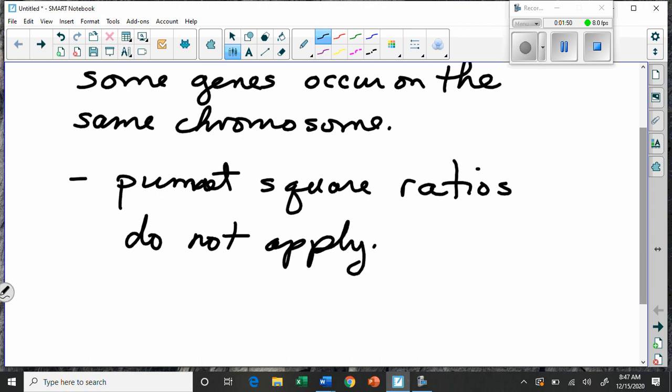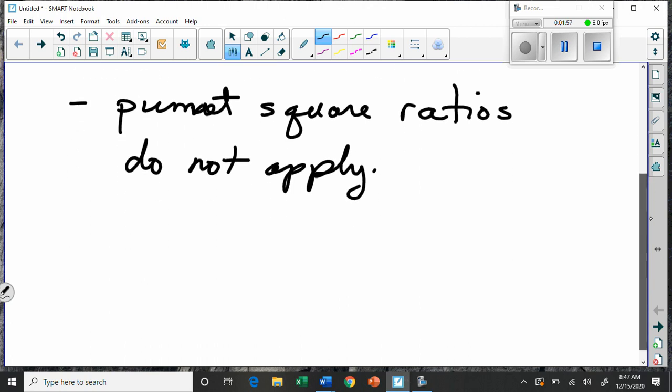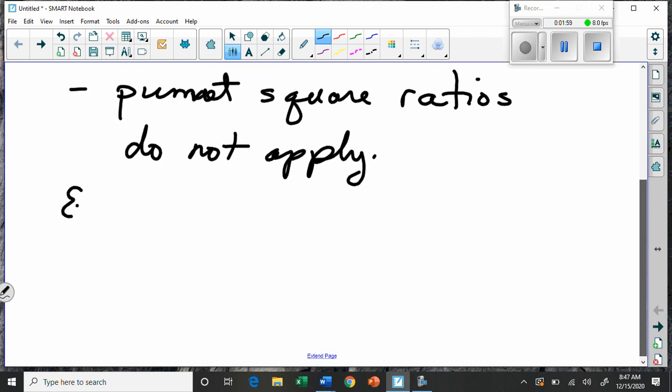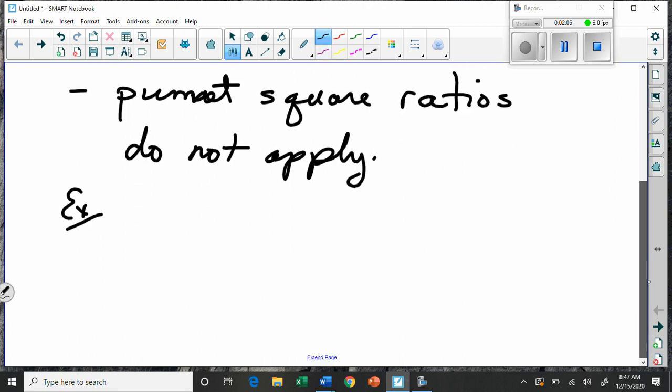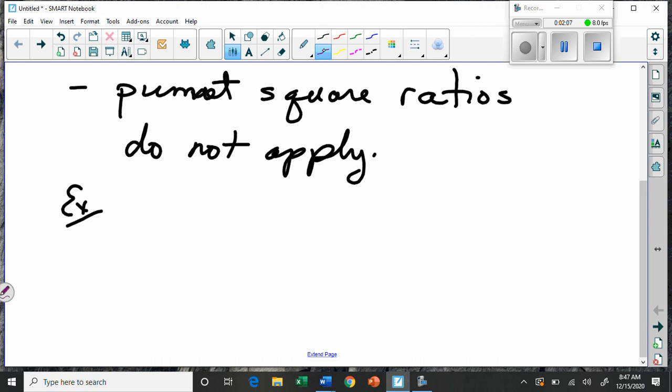So you'll remember how if we took a particular flower. So for example, let's just take this example. This is from your textbook. There's a purple flower, and we're crossing it with a red flower.